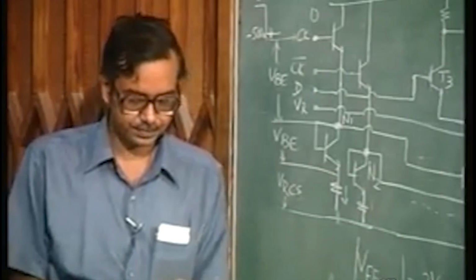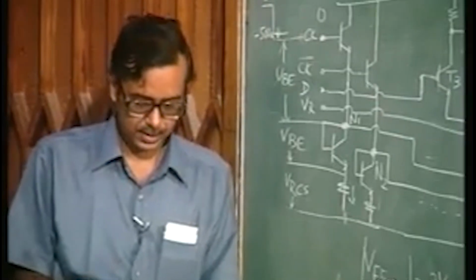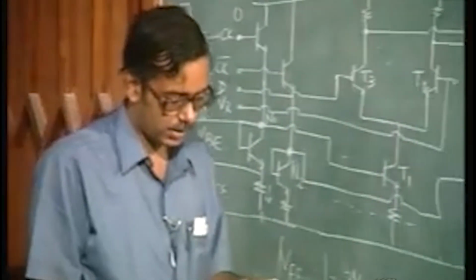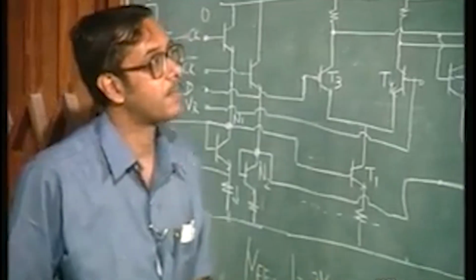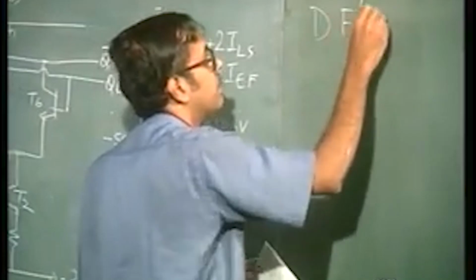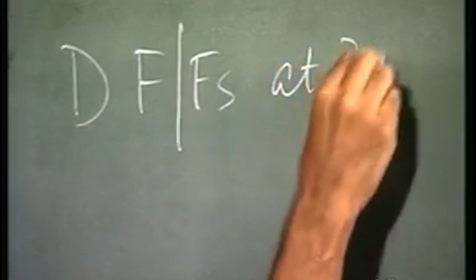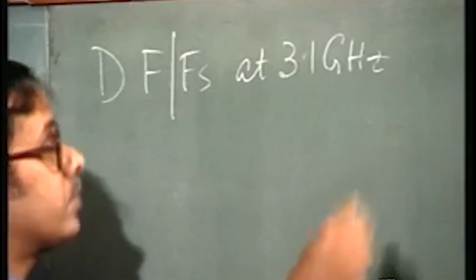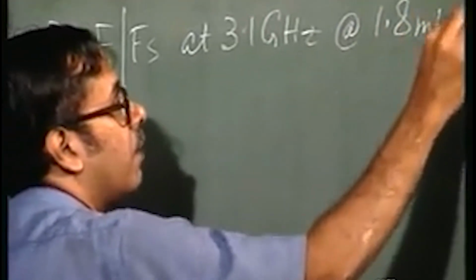In fact, in that paper, they have given some results. They have fabricated D flip flops operating at 3 gigahertz clock frequencies, and drawing power at 1.8 milliwatts per flip flop.